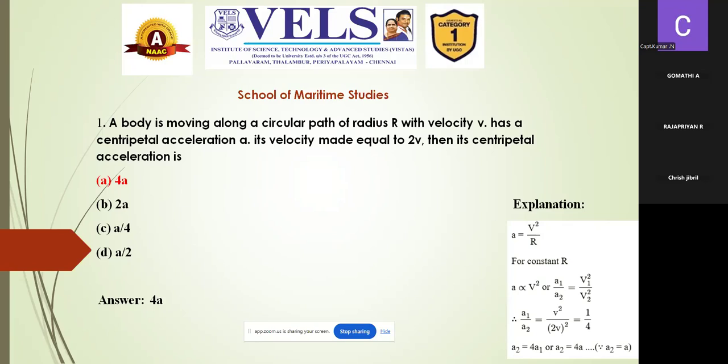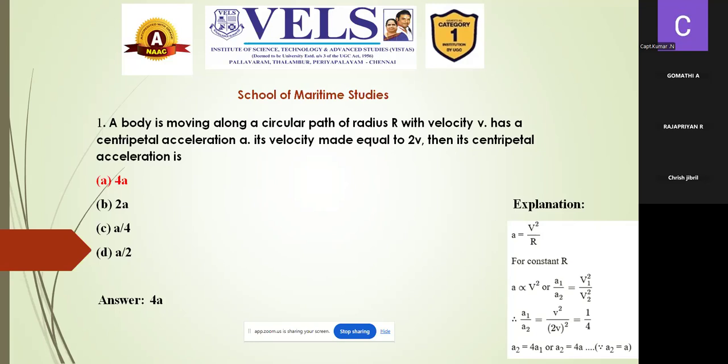The centripetal acceleration a is equal to v square by r. In the second system, its velocity is made equal to 2v. Now we are going to find out the centripetal acceleration. For this new system, we consider the centripetal acceleration as a2.